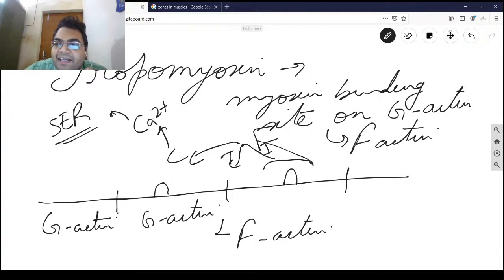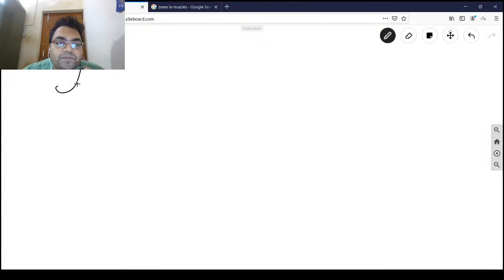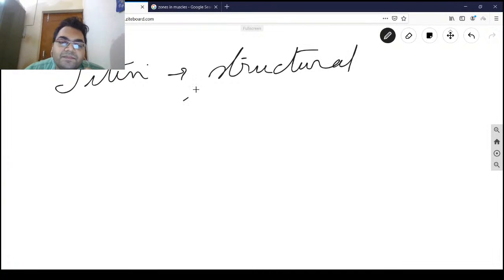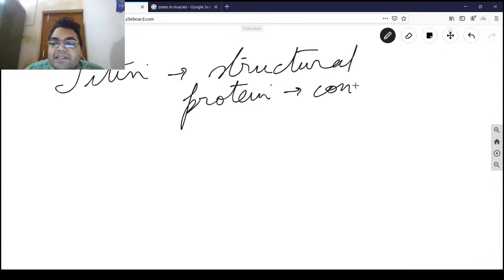I'll write the function of titin again. This is the structural protein that connects the Z disc to the M line of the sarcomere. Very, very important.